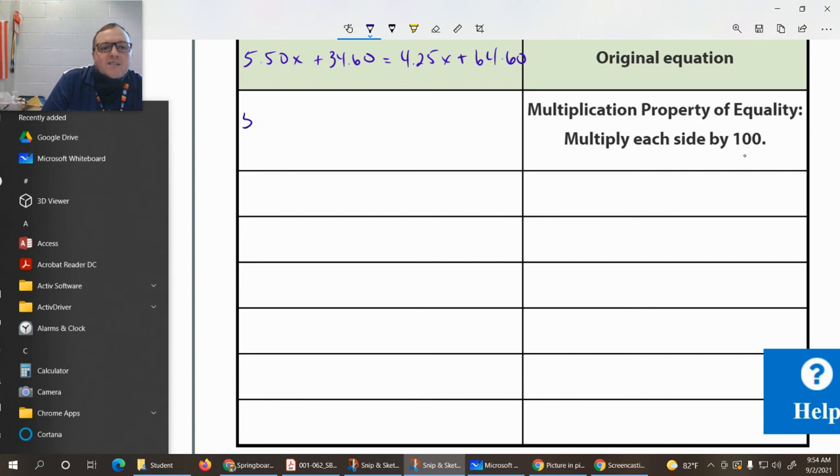So this is 550C plus 3,460 equals 425C, we defined our variable as C, plus 6,460.